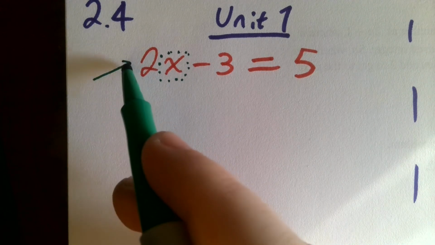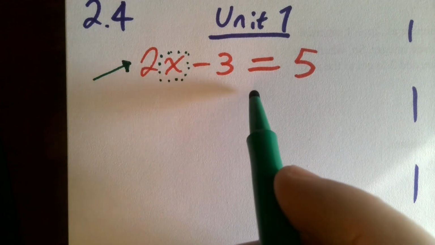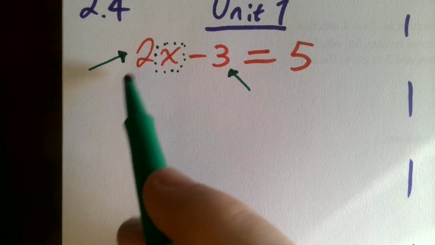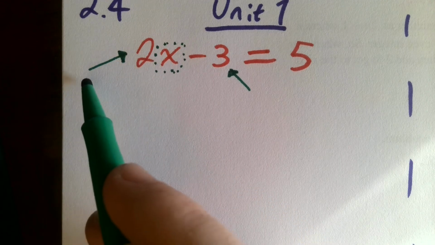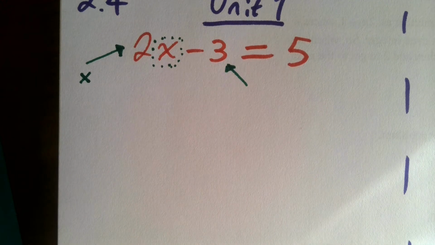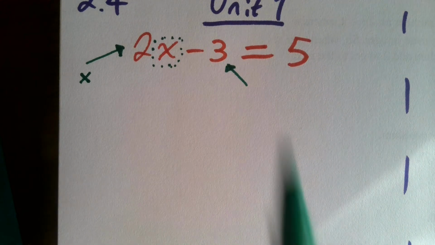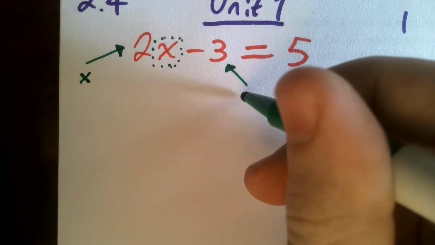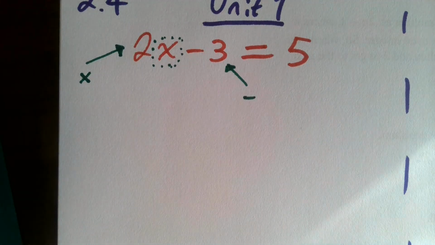Our 2 is attached to our x, and our 3 is attached. How is our 2 attached? Well, since we have a number right before a variable, that means that these two things are being multiplied together. So it's 2 times x. How is the 3 attached? Well, this one's a little more visible. We can see the subtraction sign in between them.